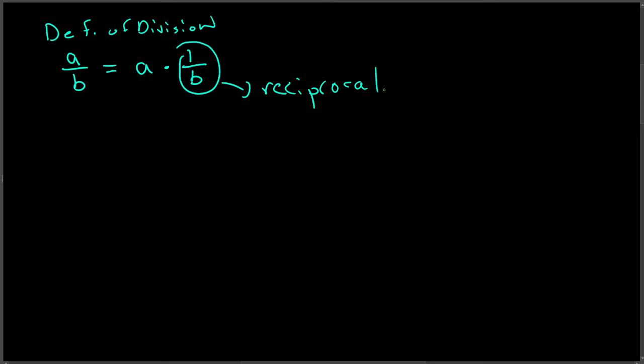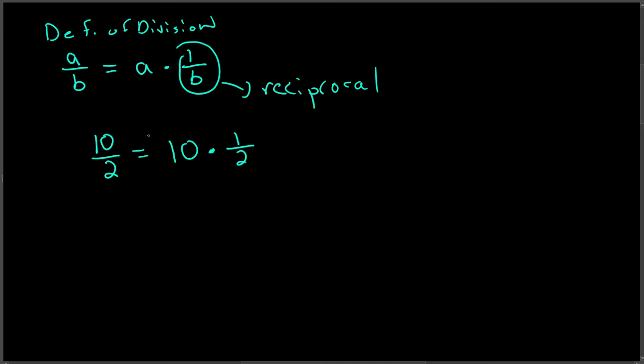Now, reciprocals do something. Let's look at this: let's say we'll do 10 divided by 2. So I want to turn this into a multiplication. 10 times 1/2. Well, how do we get that?